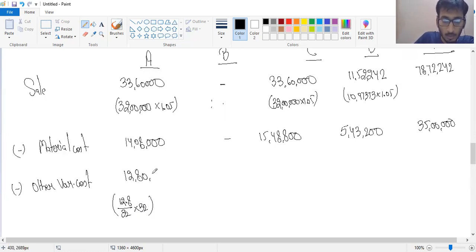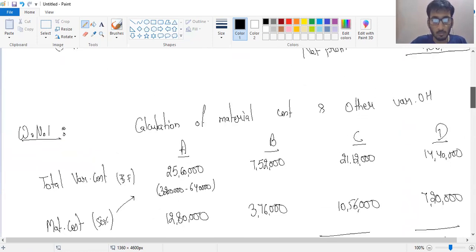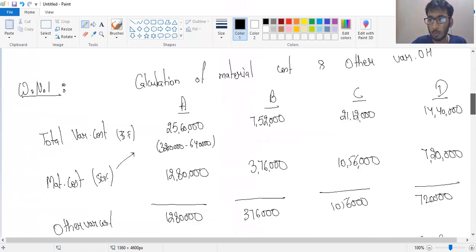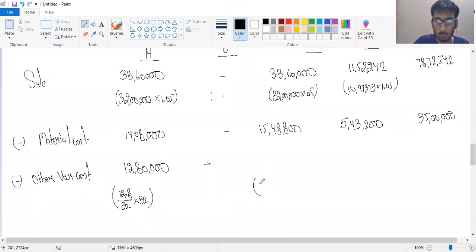So it would be 12 lakh 80,000. Correct. Now for this, last year it was 10.56 for 24. So for 32 it would be 14.08.